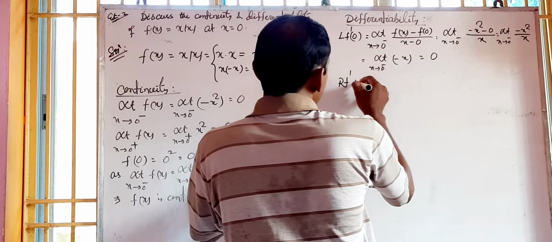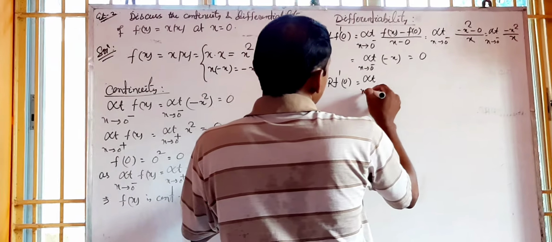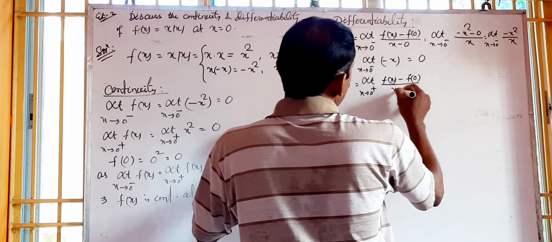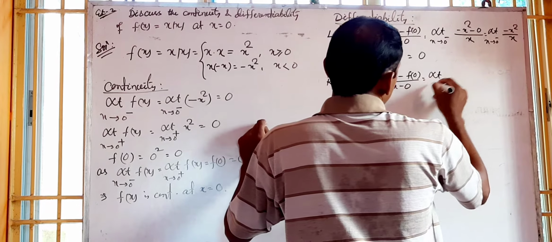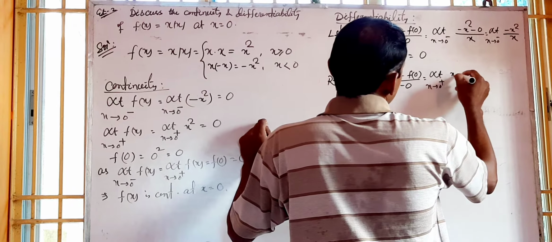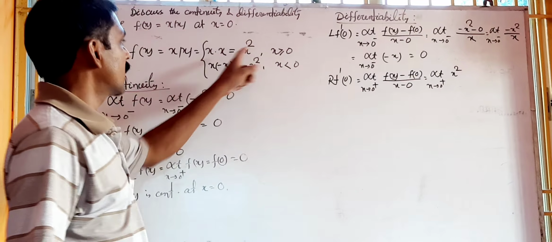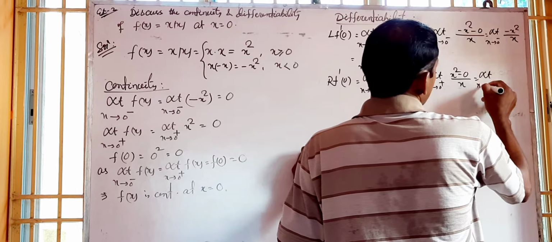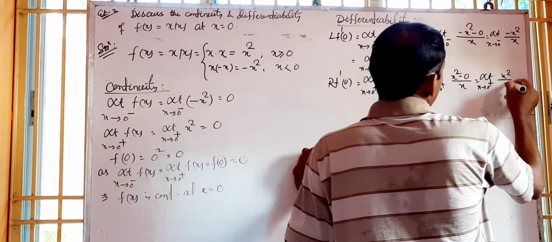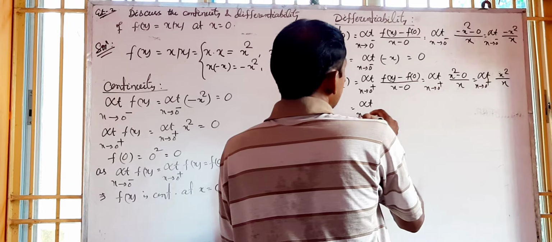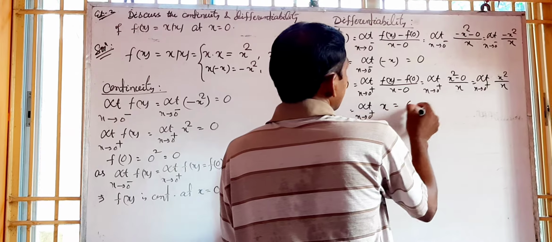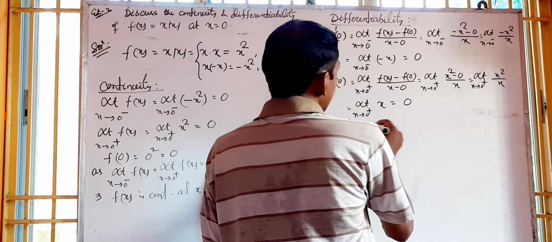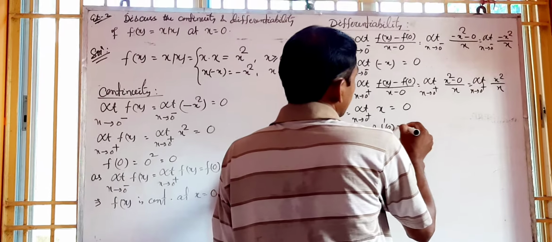Similarly, R f dash of 0: limit x tends to 0 plus f of x minus f of 0 by x minus 0. For greater than or equal to 0, it is x square. So x square minus 0 by x, limit x tends to 0 plus, it is x square by x, so limit x tends to 0 plus it is x, this is 0. So here we can write L f dash of 0 equal to R f dash of 0 equal to 0.